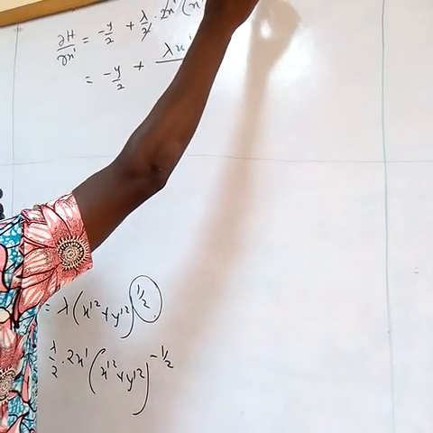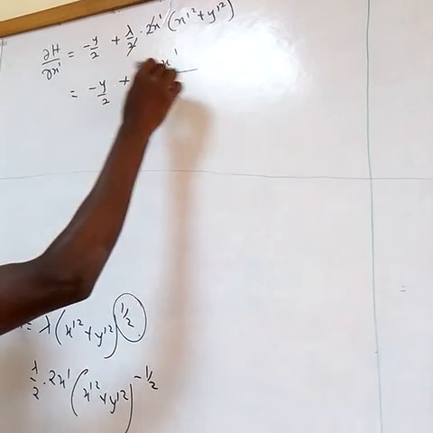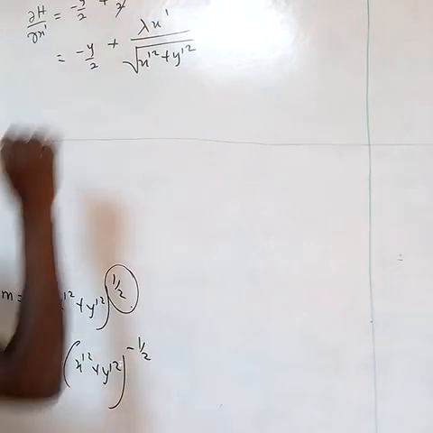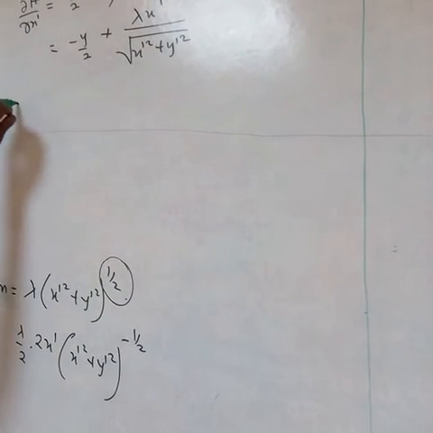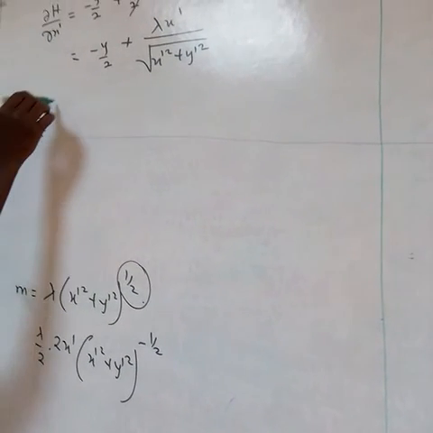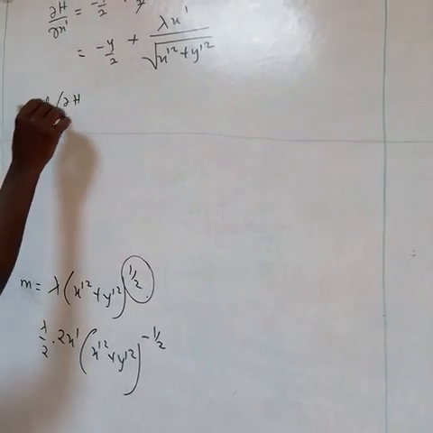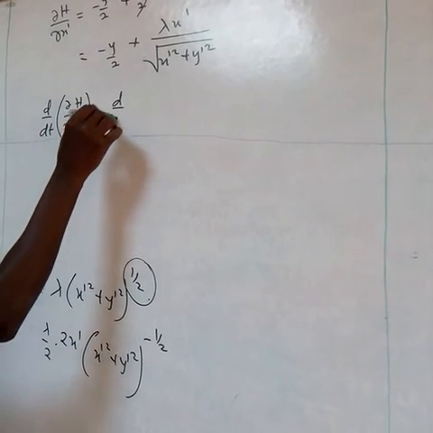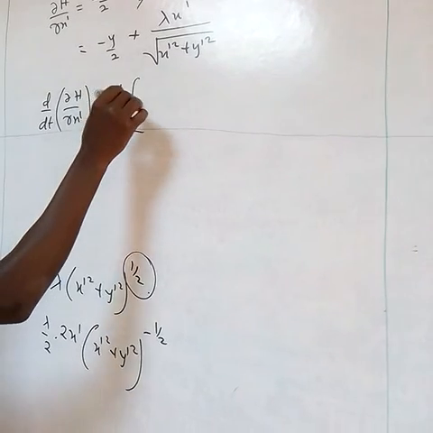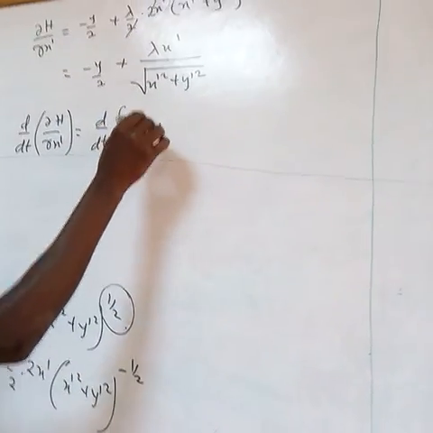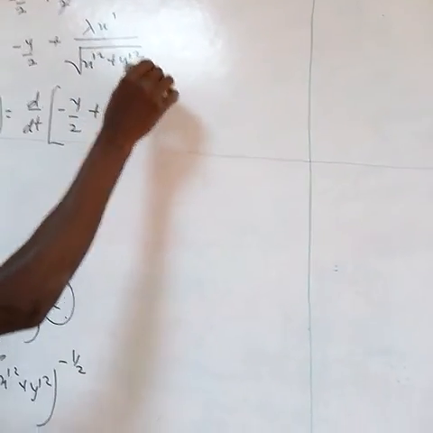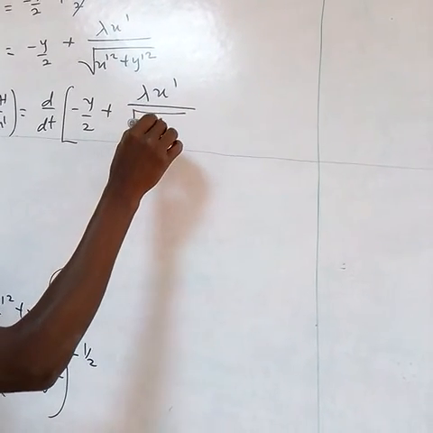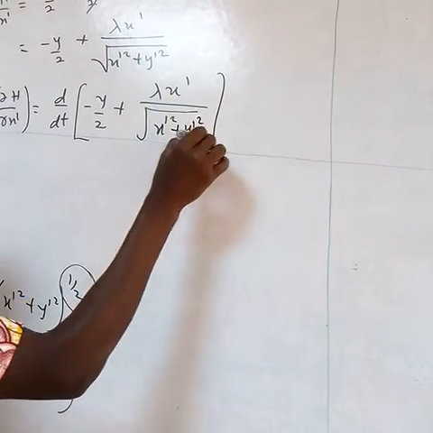Because of this half, we are going to have 1 over square root of x prime squared plus y prime squared. Then the next thing is, what is d dt of this, partial h partial x prime? Automatically it will be d dt into the bracket of this plus lambda x prime against square root of x prime squared plus y prime squared.